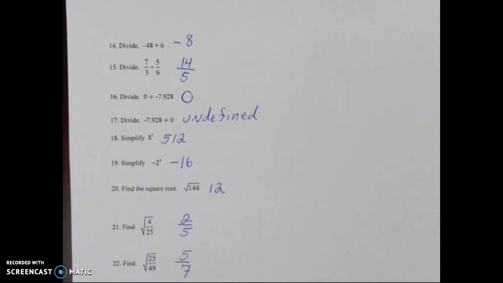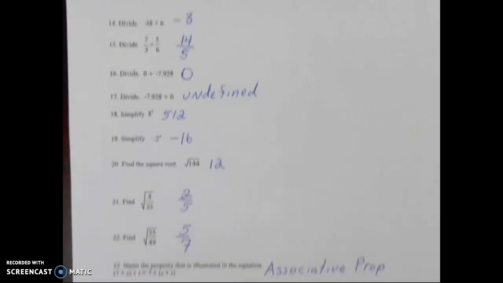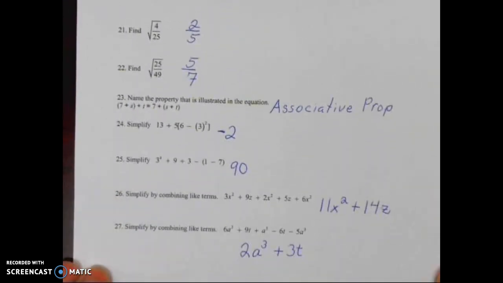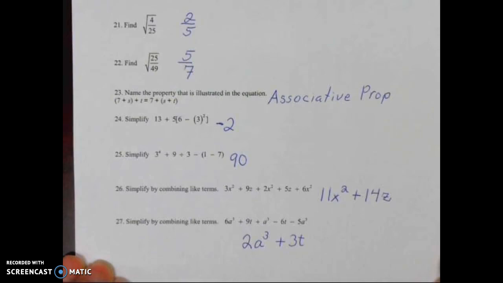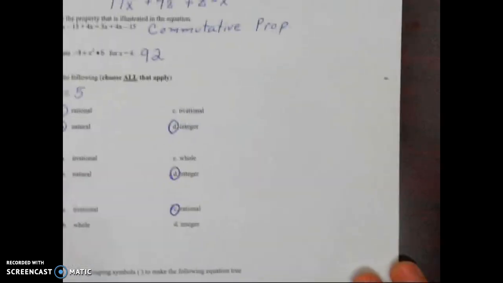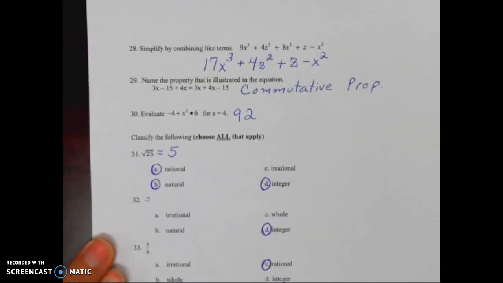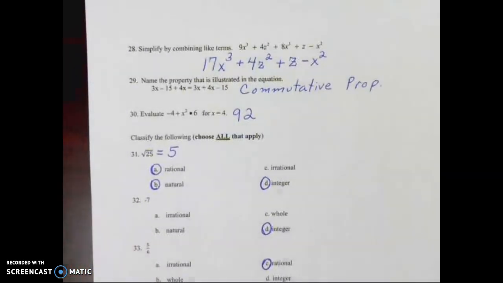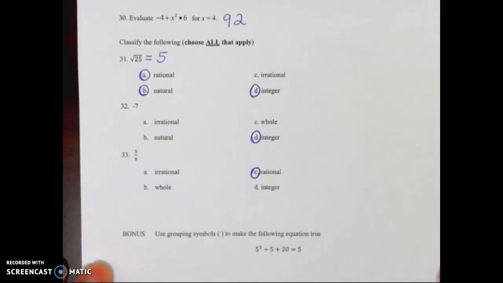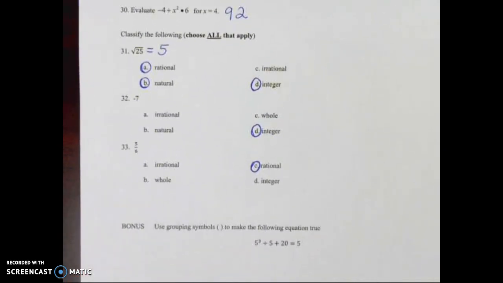I'll just go from basically 14 to 20. And now we're moving on up and look at the rest of that page, from 21 to 27. And then the last page, there's the top, and here is the rest of that page.